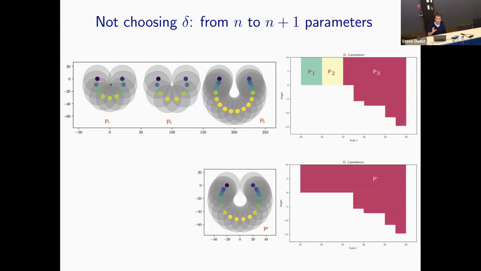The one cycle doesn't have the time to appear; it gets filled in immediately. And same for this one. If you take a delta that is too big, then you won't have time in the sublevel sets to create this hole anymore. And same, of course, for this one when you reach that point.